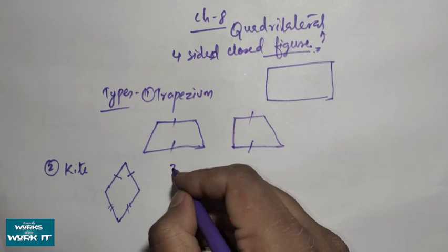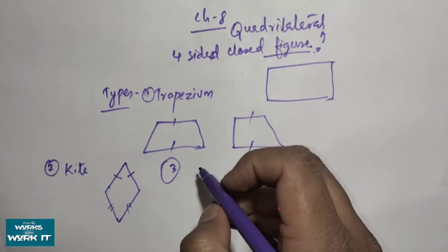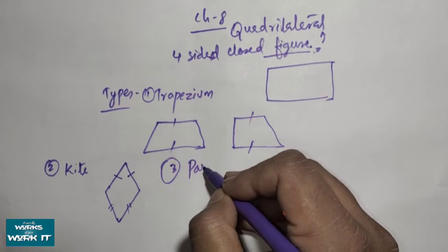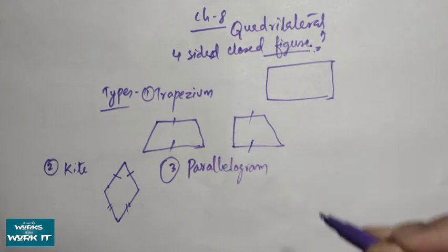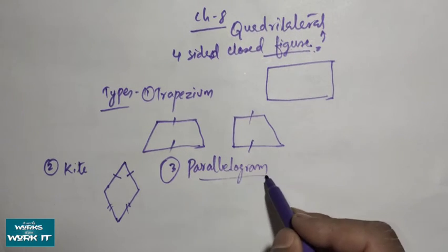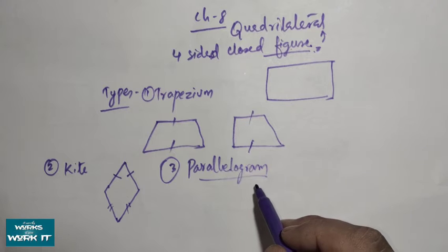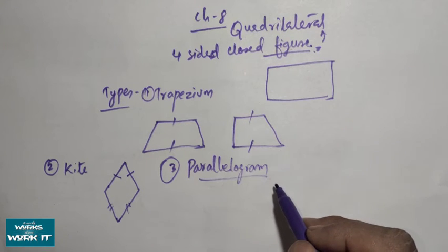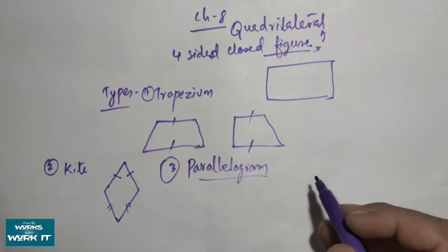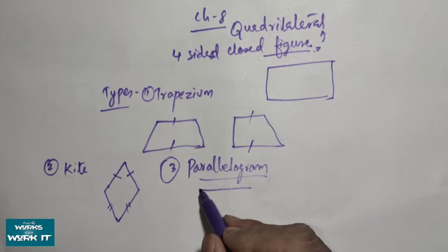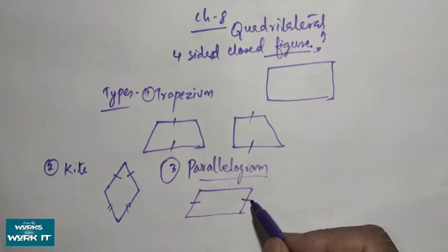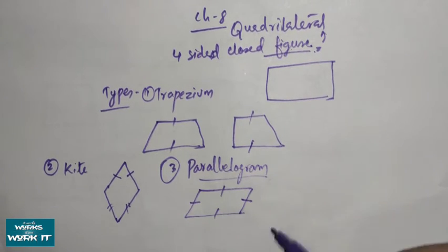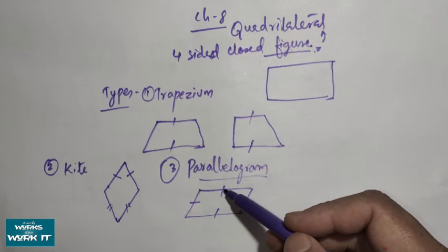Next, the next type of quadrilateral is the parallelogram. A parallelogram is a quadrilateral consisting of two pairs of opposite sides parallel. If I draw this one, it has two opposite sides equal and parallel to each other.